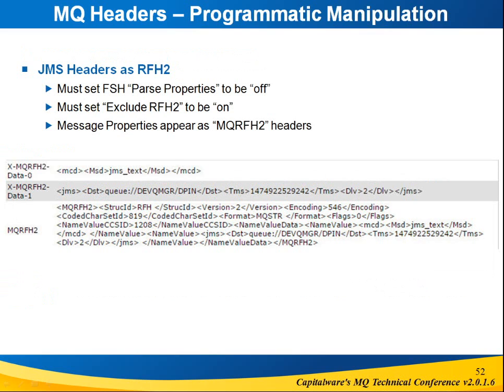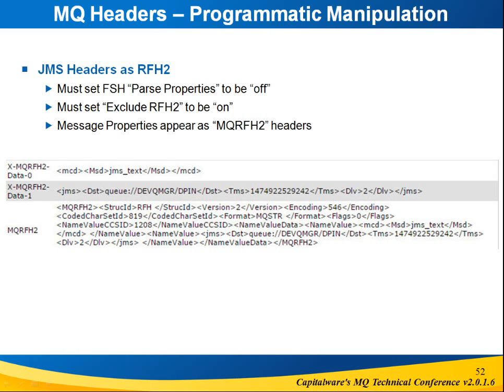Conversely, you can work with the RFH2. In this case, you turn off the parse properties and turn on exclude RFH2, and now what happens is the RFH2 appears with all of the parameters embedded in it spelled out for you as separate folders, but notice it also extracts for you the individual folders and shows them to you as separate data structures.